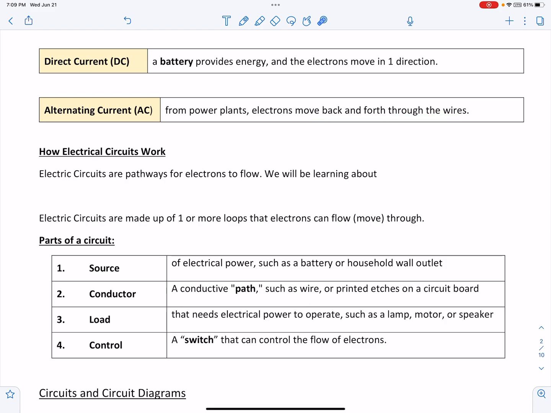This is the type of electricity we get in our homes through outlets in our walls. And DC is from our portable electronic devices with batteries.